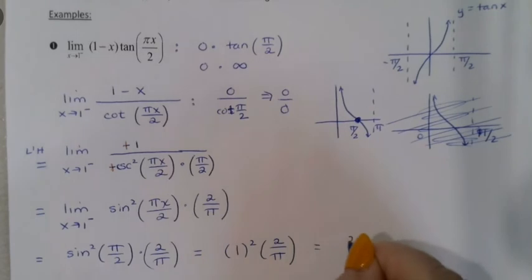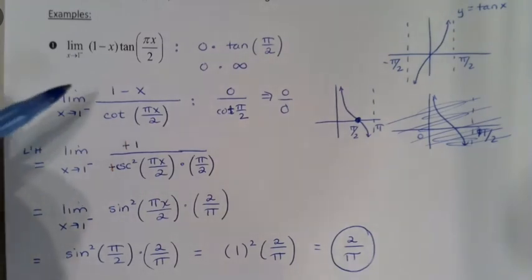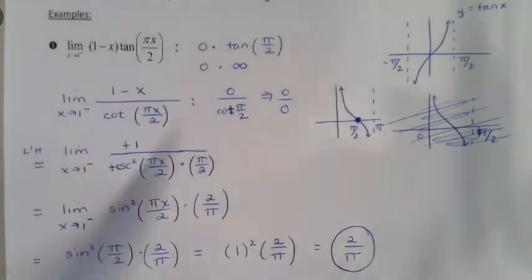And as my limit, I get 2 over pi. So a bit more work in this case. I have to get the fractional form, in this case 0 over 0, although infinity over infinity would have been fine as well. Do my L'Hopital's rule then on that fractional form, and I was finally able to get to that answer.